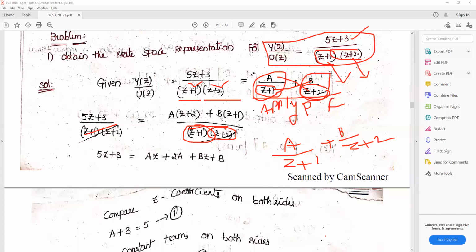Now while defining the state variables, u of z by z plus 1 is taken as x1 of z and u of z by z plus 2 is taken as x2 of z. So x1 of z is equal to u of z by z plus 1, and x2 of z is equal to u of z by z plus 2.